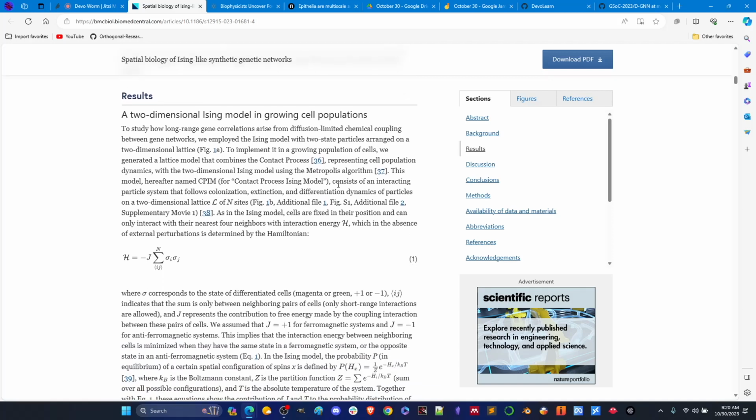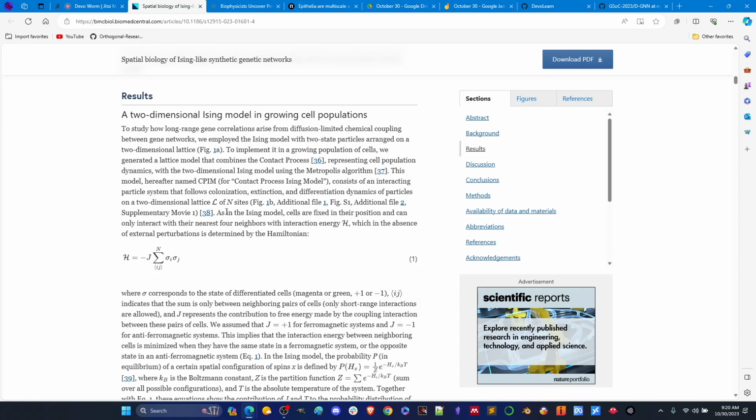So this is an interacting particle system that follows colonization, extinction, and differentiation dynamics of particles on a two-dimensional lattice of N sites. And so you have these sites that are unoccupied or occupied. You have different cell types that come into different regions, or they go extinct, or they differentiate and they spread into new areas.